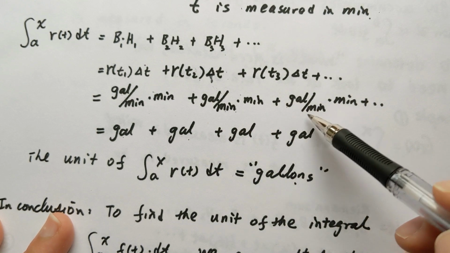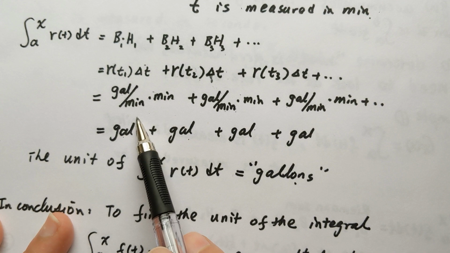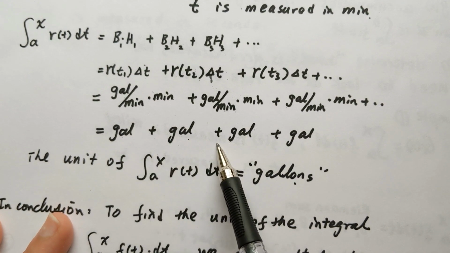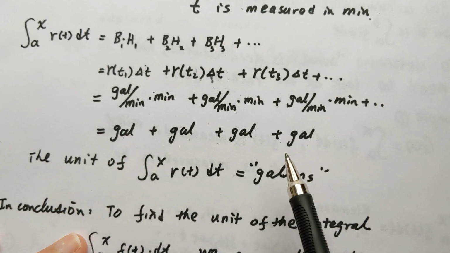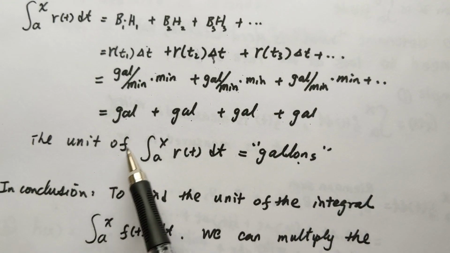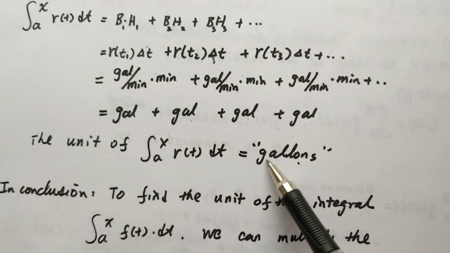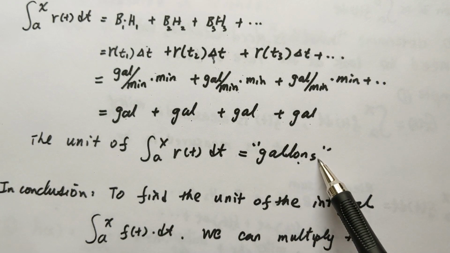We keep going this way, we also cancel the minutes, we get gallons. So at the end, we end up with gallons plus gallons plus gallons. So gallons plus gallons will be gallons. Therefore, the unit of the integral of r of t dt will equal gallons.